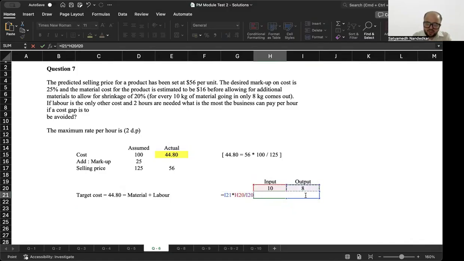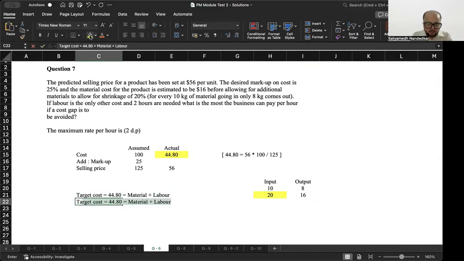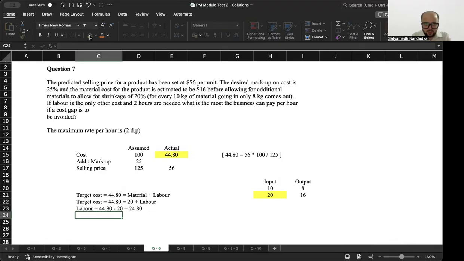The cost of material going in again has to be 20. So material cost is 20. That means labor is 44.80 minus 20, which is 24.80.